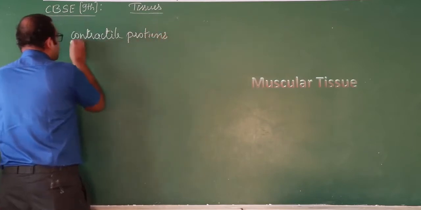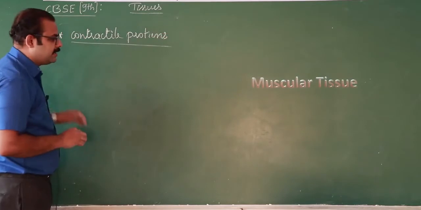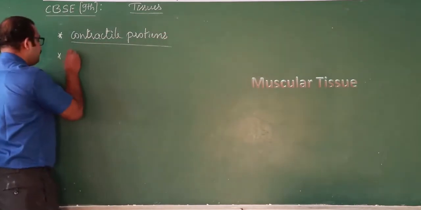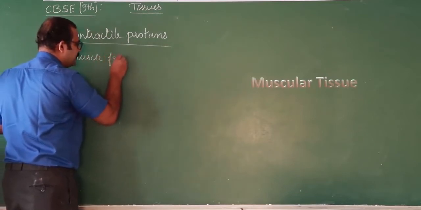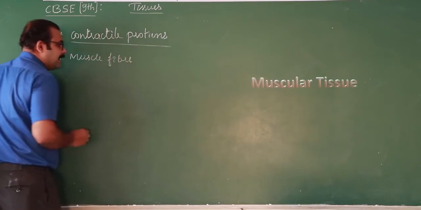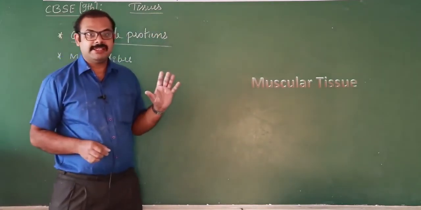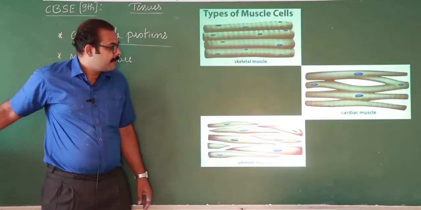With the help of contractile proteins, they undergo contraction and relaxation. The muscle cell is called a muscle fiber, and they have a large central nucleus. These muscle tissues have a high supply of blood.